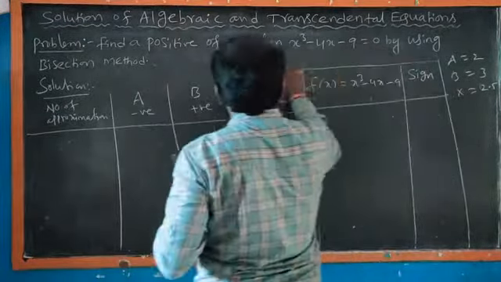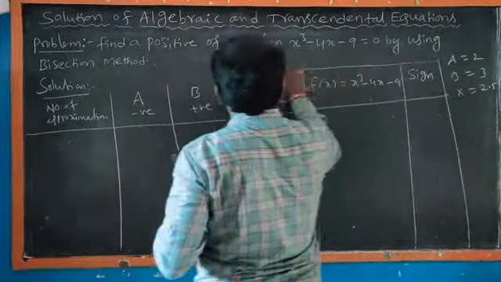Put x equal to 2.75 in this equation. Then the value is 0.7969. This is a positive value. So substitute x in positive b: 2.75, and the a value is the same, 2.5. This is the third approximation.